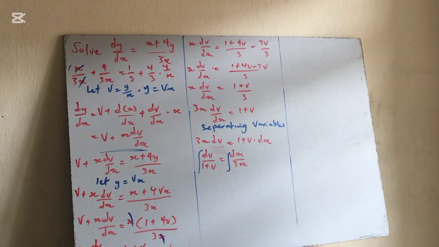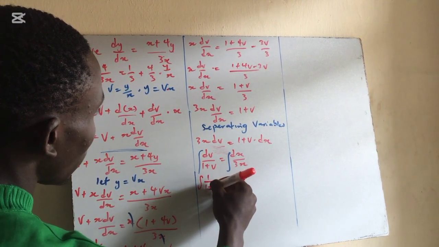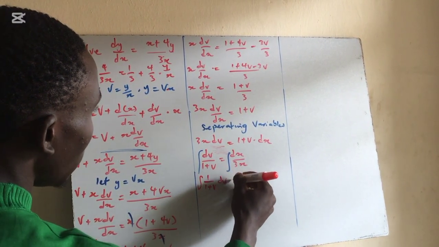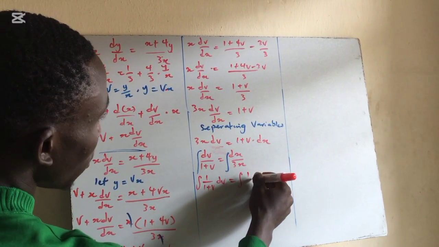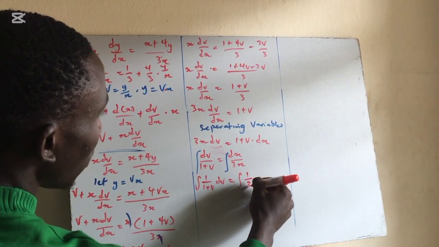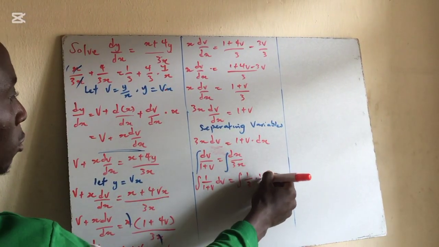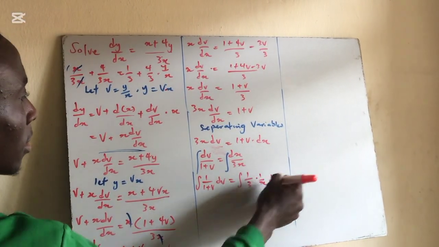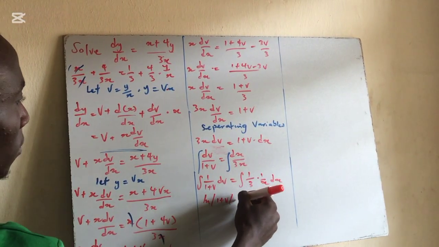When you integrate both sides, you'll be saying integration of 1 over 1 plus v dv, and integration of 1 over 3, then we still have another 1 over x here, so 1 over x dx. So this one will be ln of 1 plus v.